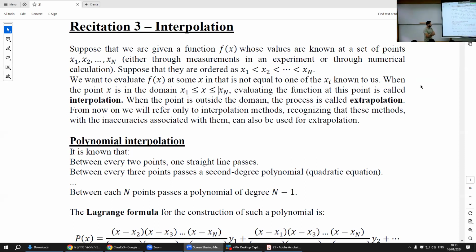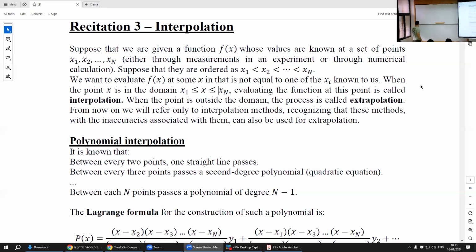When you have 2 points, you can connect them by a polynomial of order 1. If there are 3 points, the polynomial is of order 2, etc. So it's a polynomial of order n-1.